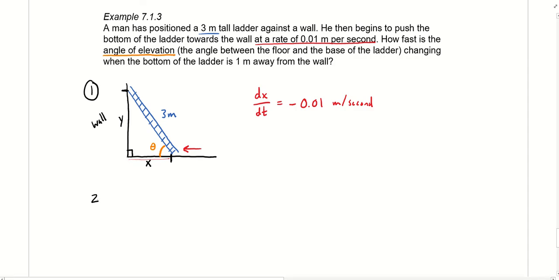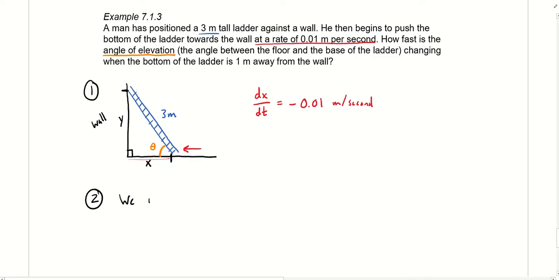Now let's see what we want. Step 2. How fast is the angle of elevation changing when the bottom of the ladder is 1 meter away from the wall? So the rate of change that we're interested in here is the rate of change of the angle of elevation.